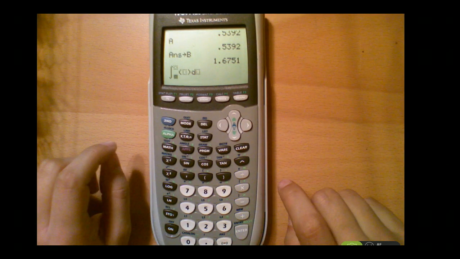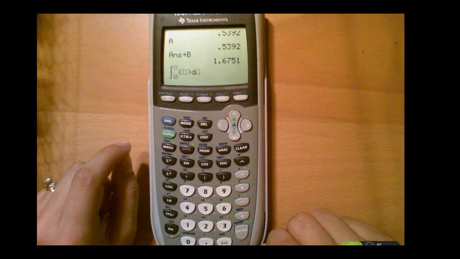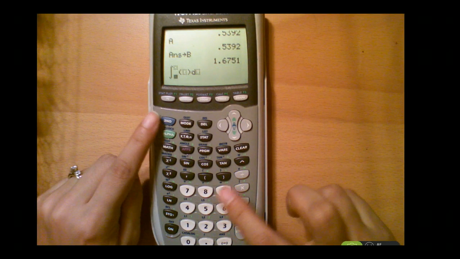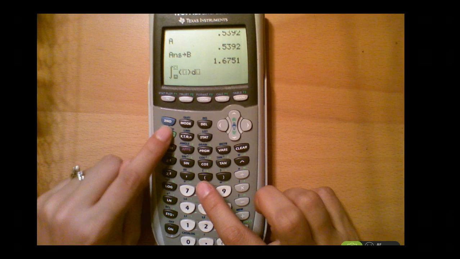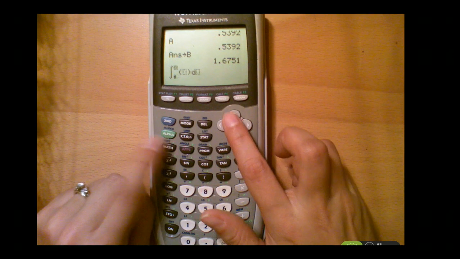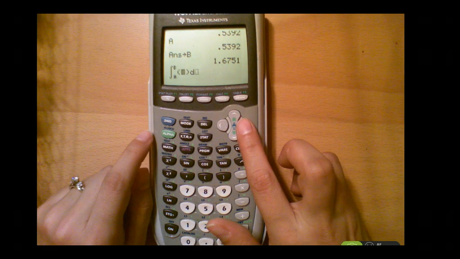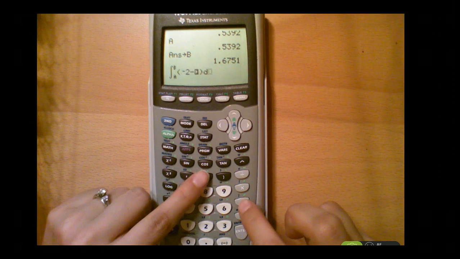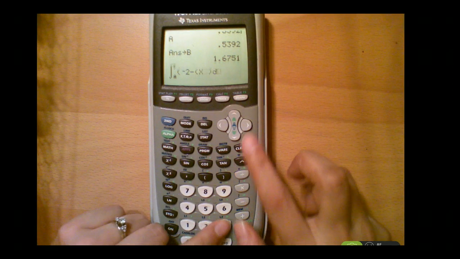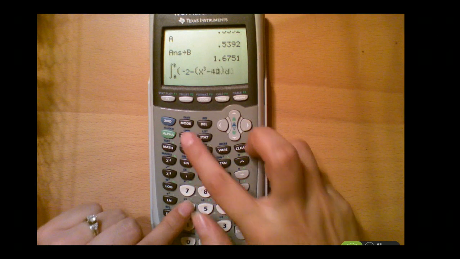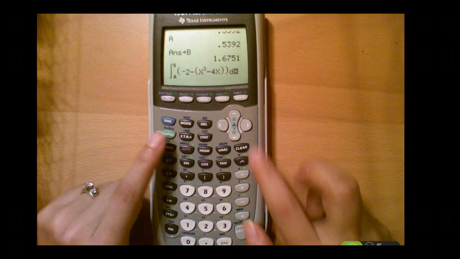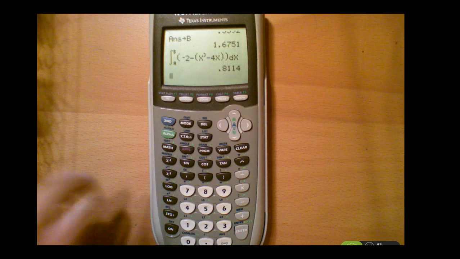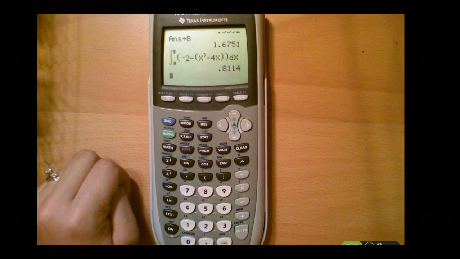And instead of typing in numbers, instead of typing in 0.5392 and 1.6751, I'm going to go ahead and type in alpha A to alpha B of the top function, which we said was -2, minus the bottom function, which we had as x cubed minus 4x dx. And if I go ahead and hit enter, I found that the answer is 0.8114.